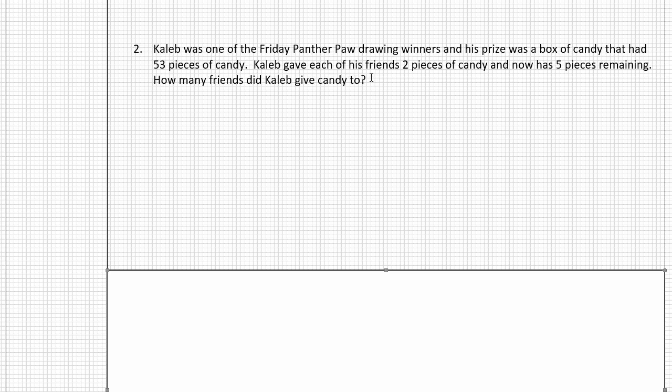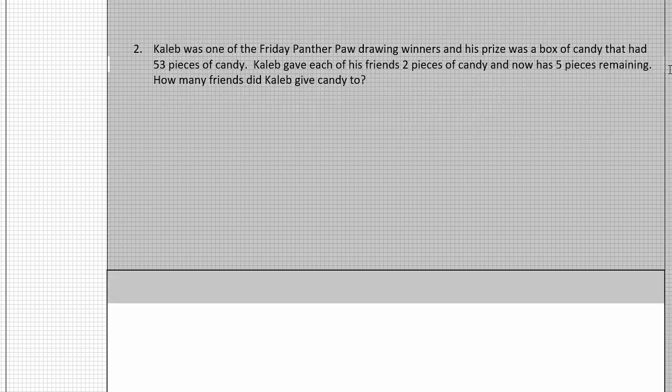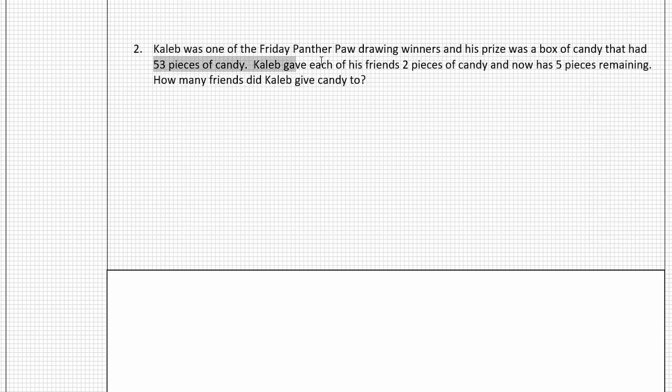So once again, I want you to think about this equation, and if you think about this middle section of the word problem, how would you translate that into an equation? The equation I came up with is 53 equals 2f plus 5.